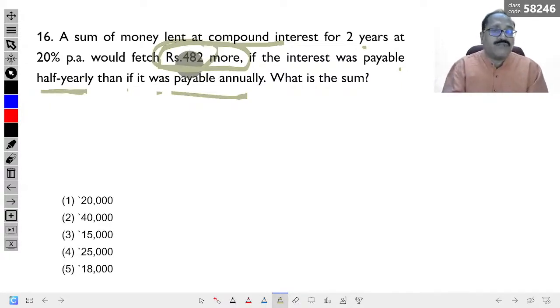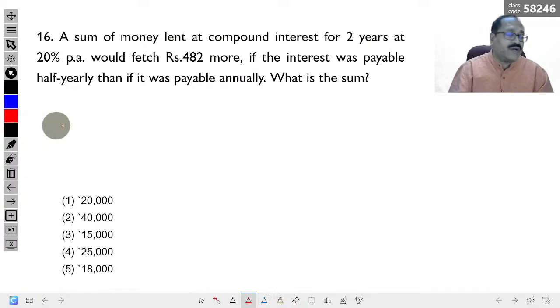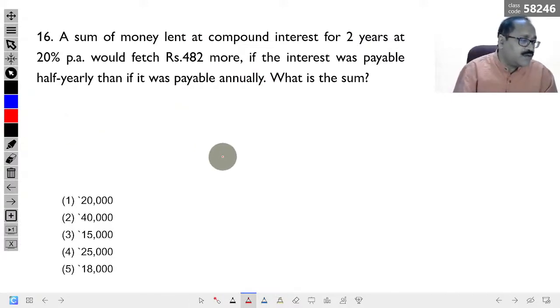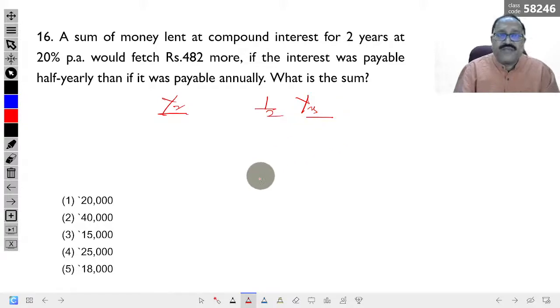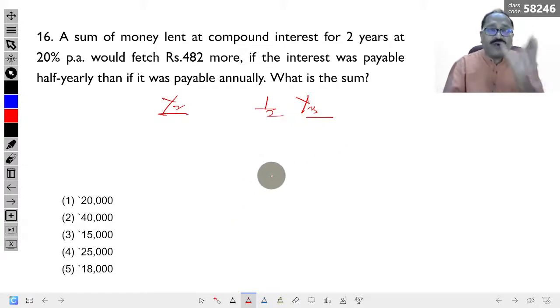We would have got more. Now what is the sum? So the basic thing everyone has to understand over here, and Akansha, Vidisha, Amarpana and Sakshi, is that yearly payment and half yearly payment, what will be the difference in the rate of interest, overall interest?